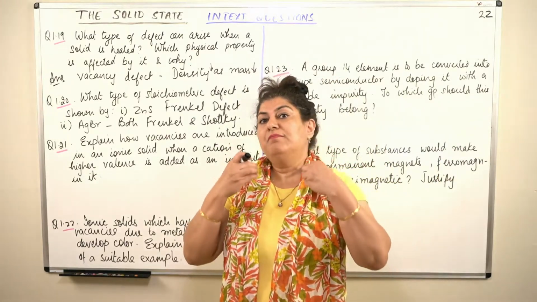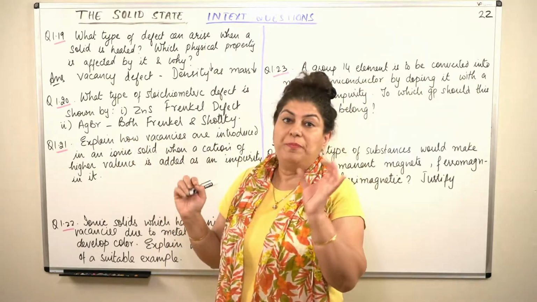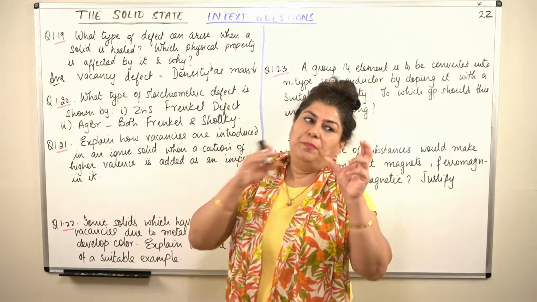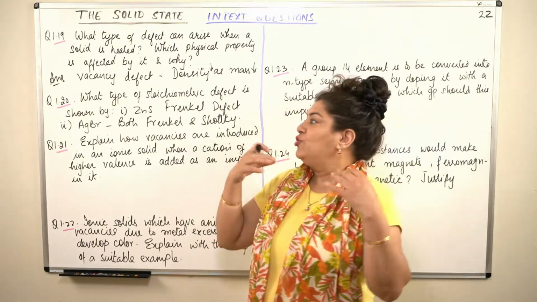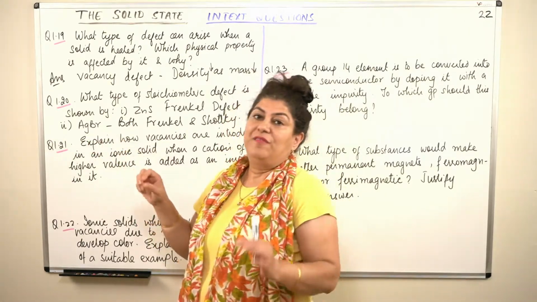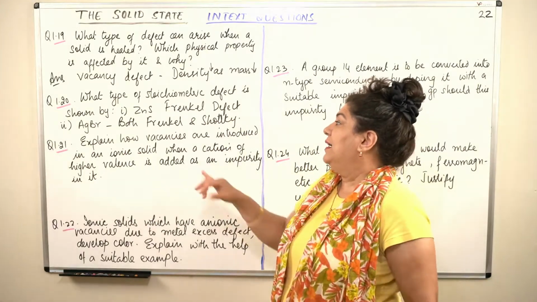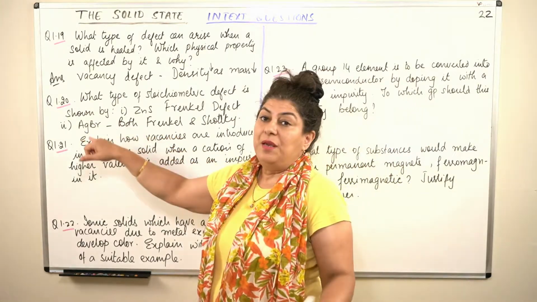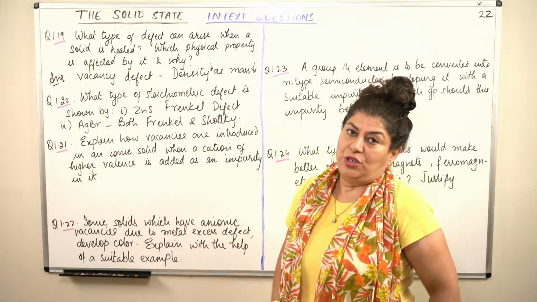Since they may be completely missing, we call them Schottky pairs. The cation and the anion, positive and negative charge both together, are missing. Such missing pairs are called Schottky pairs, and the defect is known as Schottky defect.